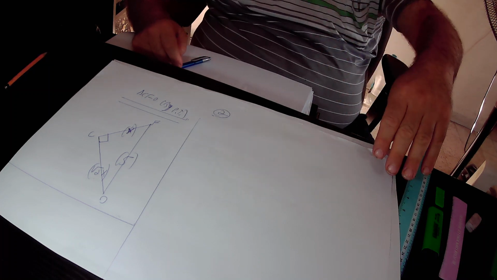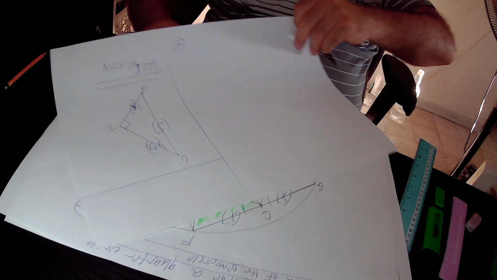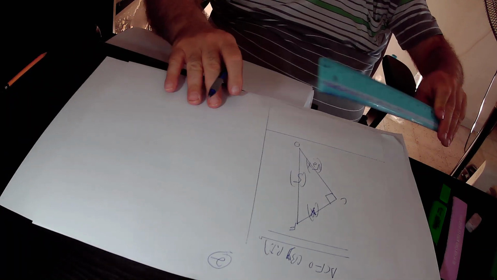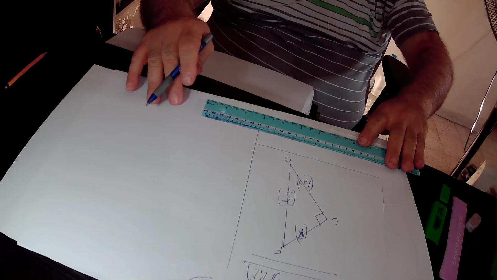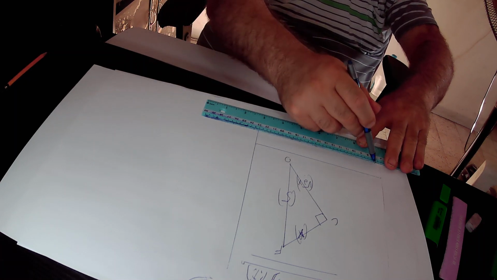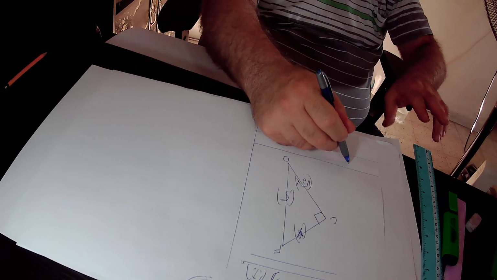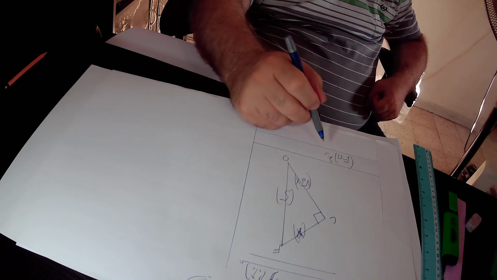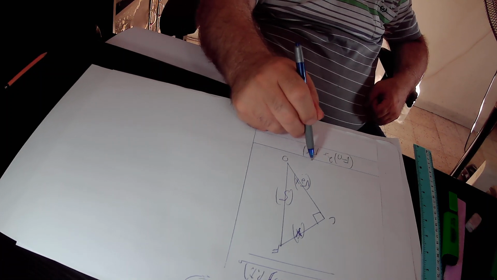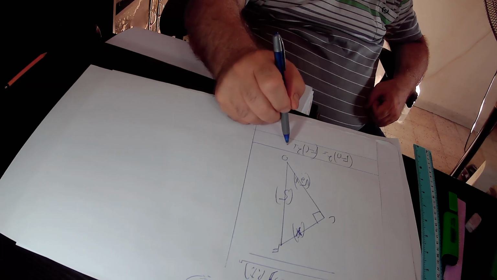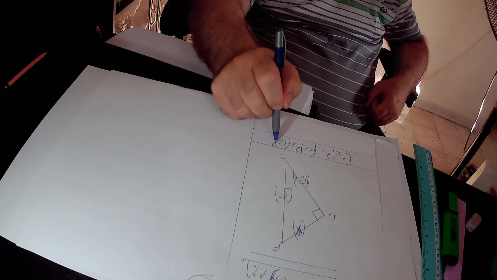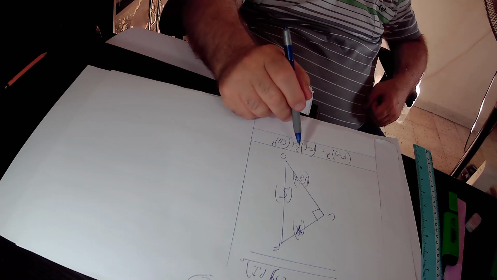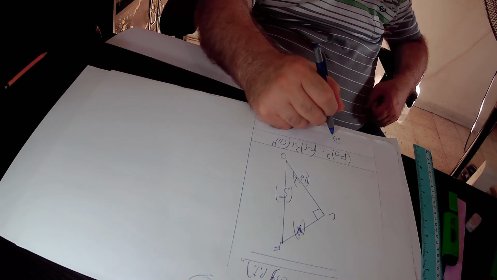So I'll write it down. FO squared, that is the square of the hypotenuse, equals FC squared plus CO squared. FO is 5, therefore FO squared is 5 squared, that is 25.